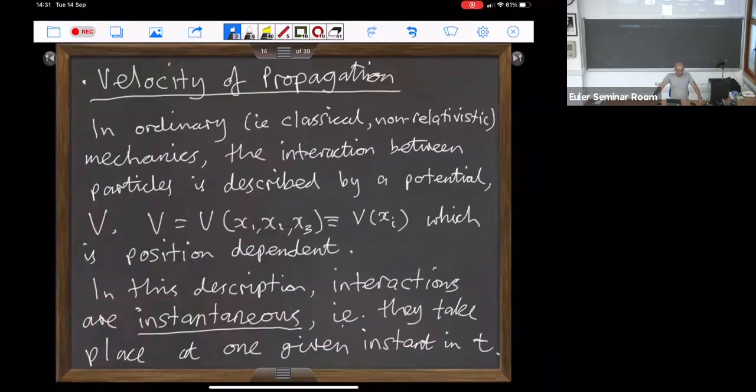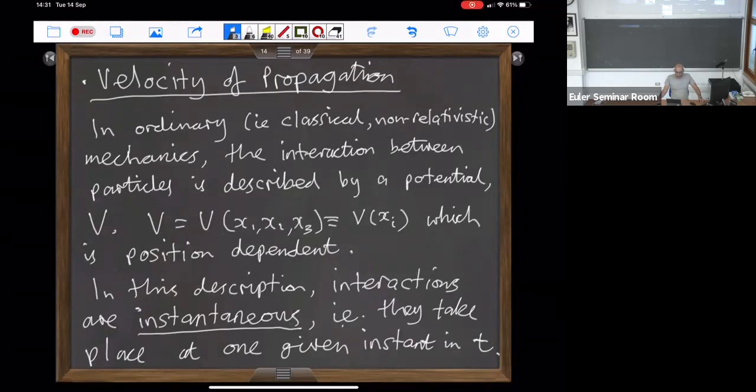Now, in non-relativistic or classical mechanics, as Landau and Lifshitz call it, the interaction between particles or objects is described by a potential, which is some function of the space coordinates x1, x2, x3, or x, y, z. In this description, interactions between objects are actually instantaneous.